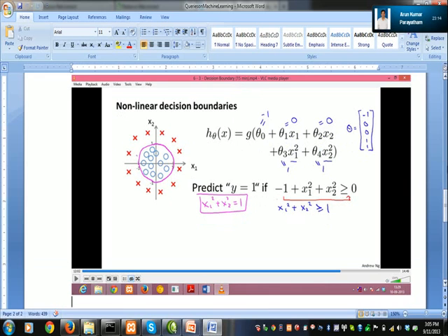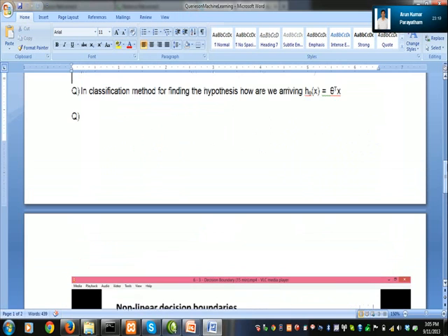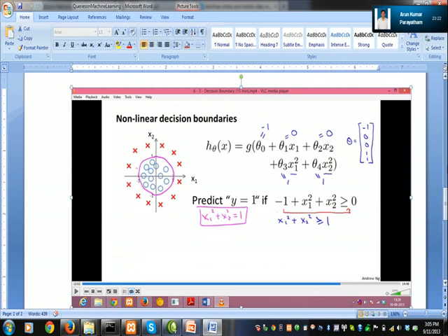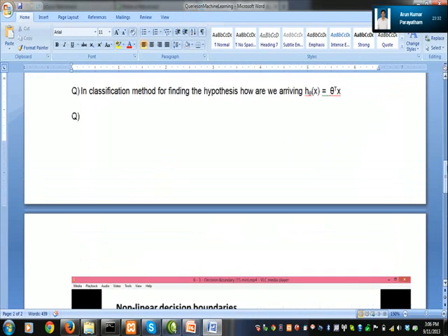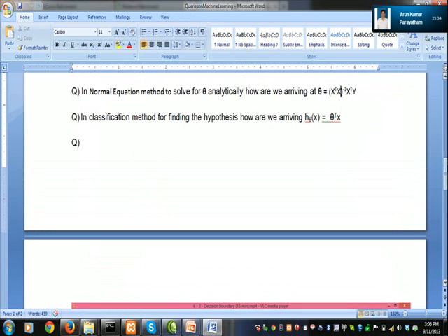So in the above hypothesis equation, can we assume the value of theta? If you solve this equation, you are not assuming here. It is just saying that if you solve this by the regression method, you will get theta naught equal to minus 1, theta 1 equal to 0, theta 2 equal to 0, theta 3 equal to 1.